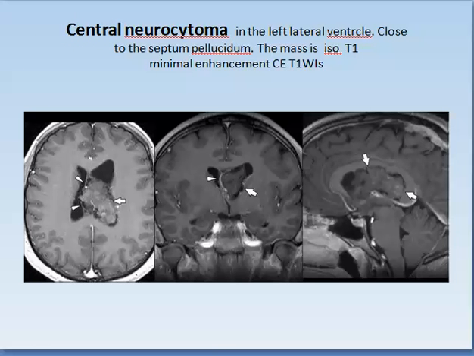Here is a large central neurocytoma, which is a rare tumor. Central neurocytoma occurs within the ventricle, one of the intraventricular tumors you might hear about. And the mass is iso in T1 with minimal enhancement. This is central neurocytoma.